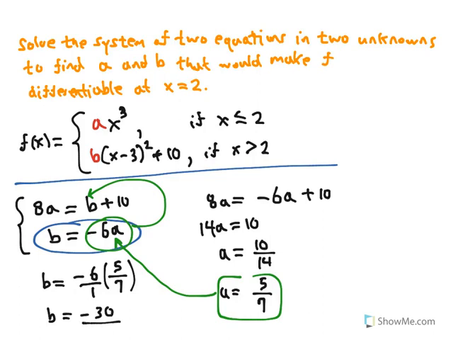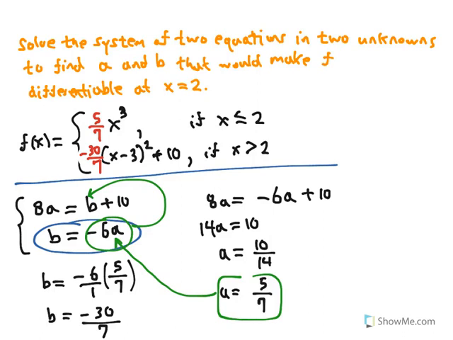So that's what b is, negative 30 over 7. So now that we know what a and b should be, I can go back to my piecewise defined function and replace a with 5 over 7 and replace b with negative 30 over 7.